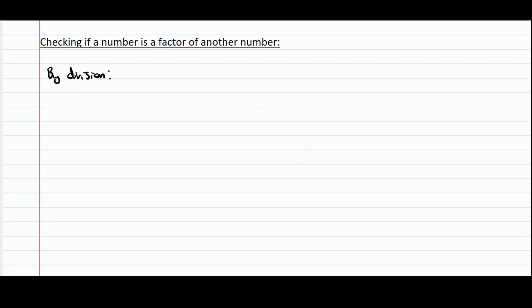So if you wanted to look at whether 5 is a factor of 110, it's as simple as 110 divided by 5, which would give you 22.